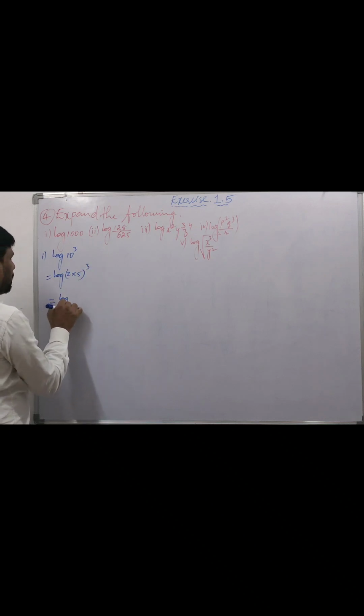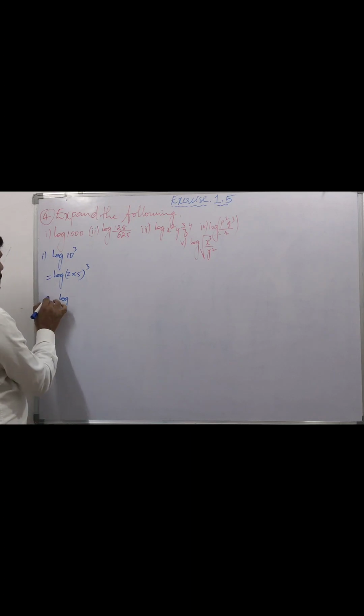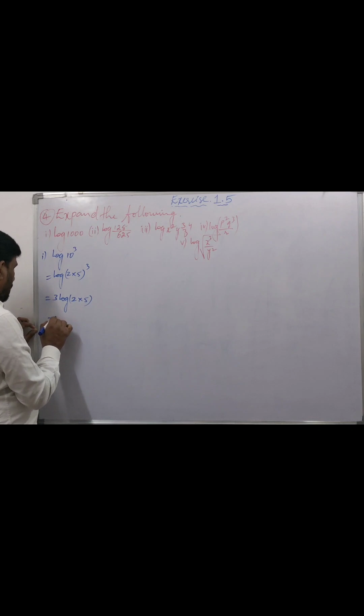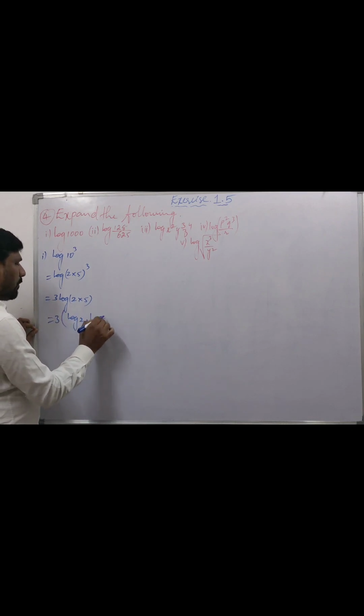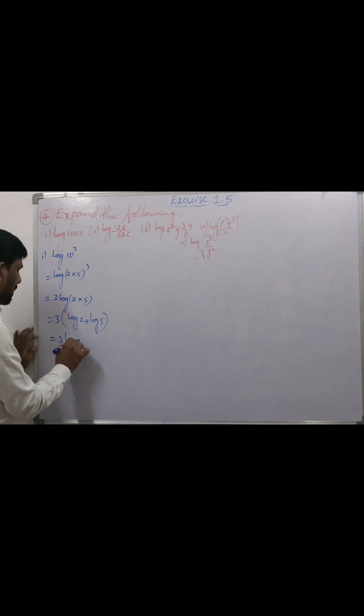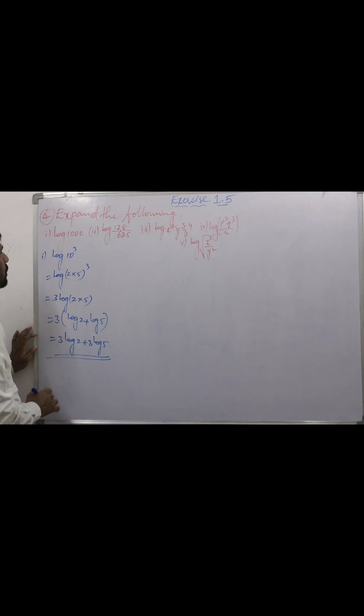Now logarithm of this can be written as 3 log 2 into 5. This can be written as 3 into log 2 plus log 5, right? Next, expand, so split it. 3 log 2 plus 3 log 5 is our required expression for the first one.